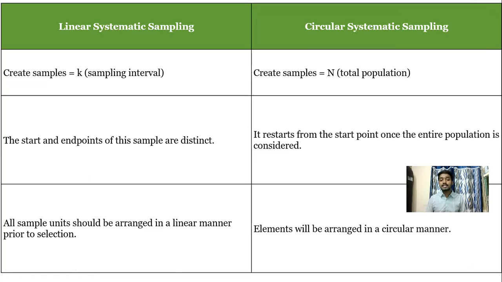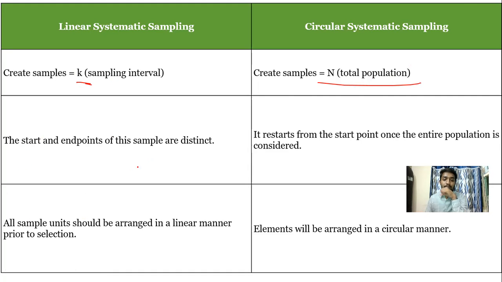So under linear systematic sampling, we create samples based on k, the sampling interval. We create samples based on n, the total population, where it comes to circular systematic sampling.